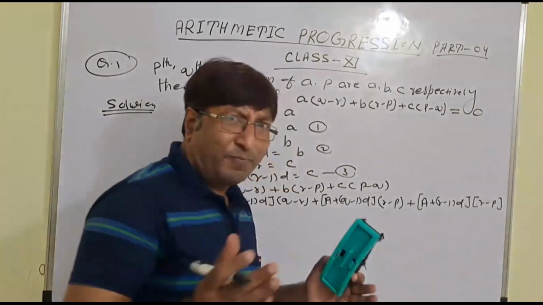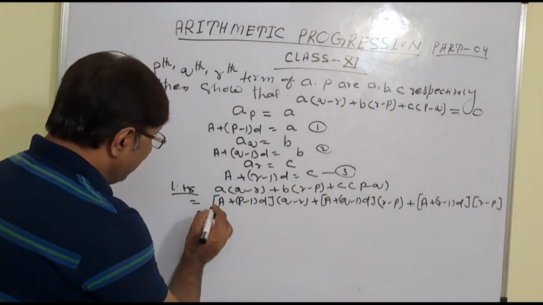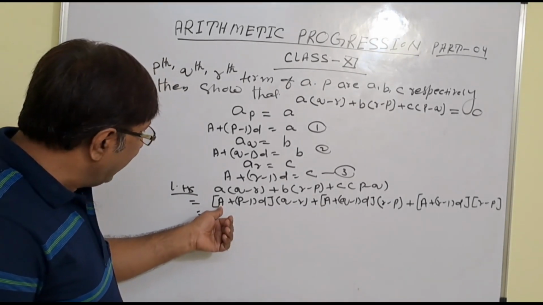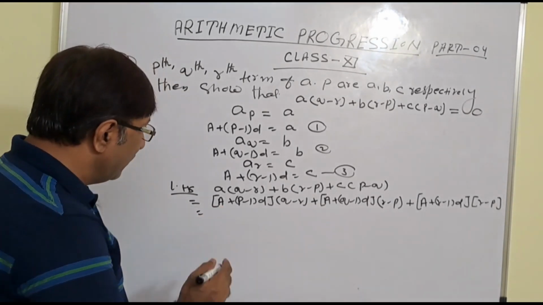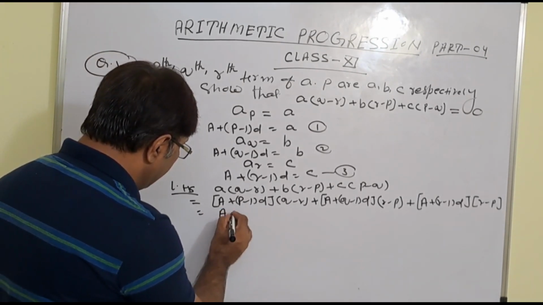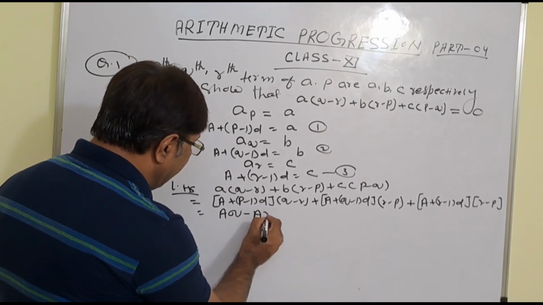Now a very simple calculation. See, multiplying these, first you multiply A with both, so we get AQ minus AR.